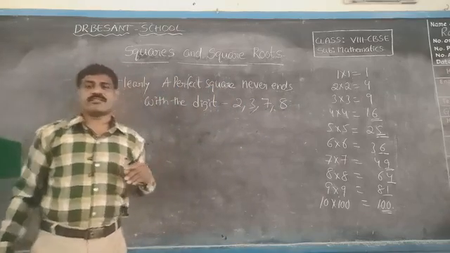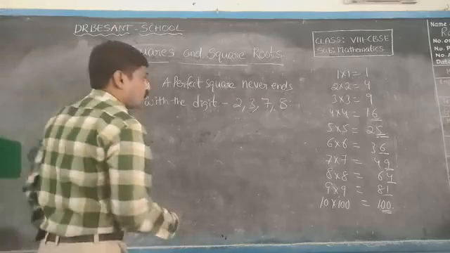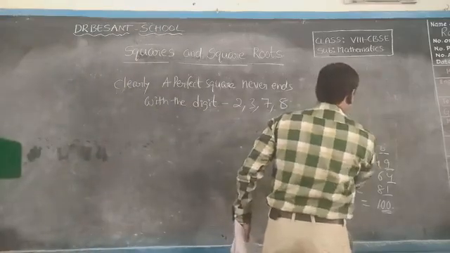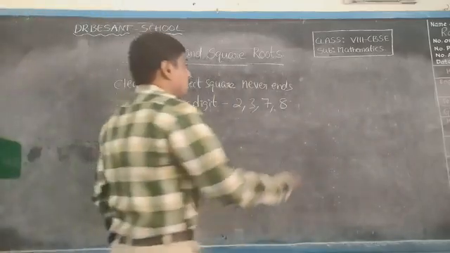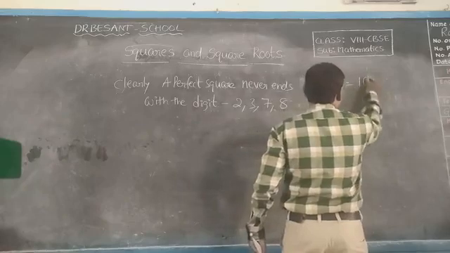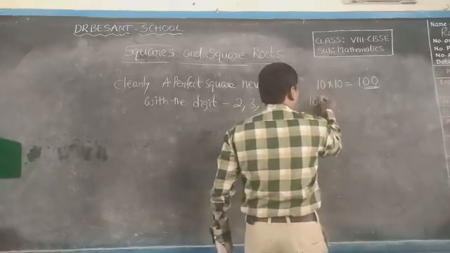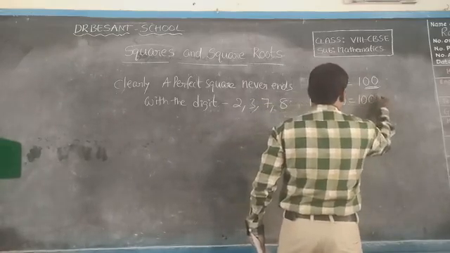Okay, next, the second one. Children, note down this one. One more: 10 into 10 is 100, 2 zeros. 100 into 100 is 10,000.